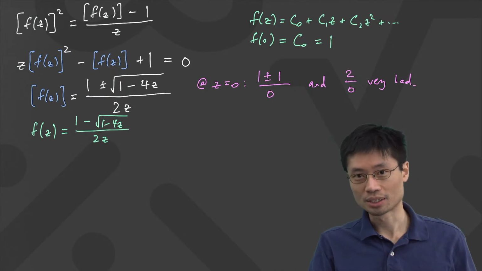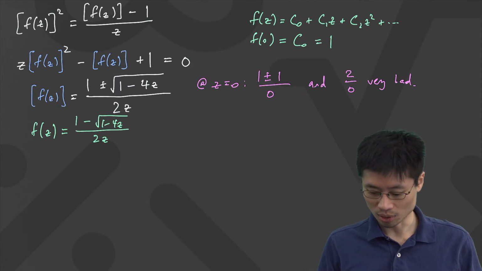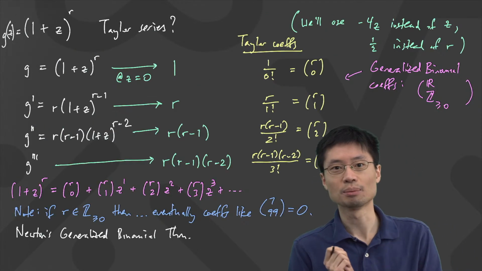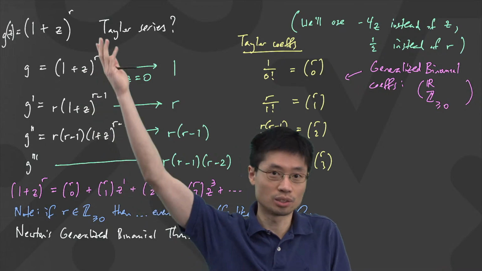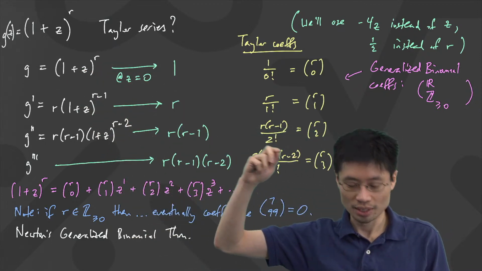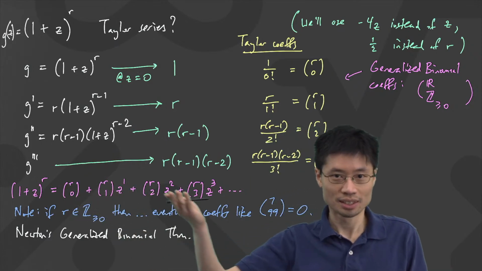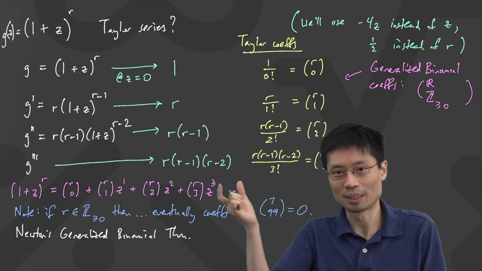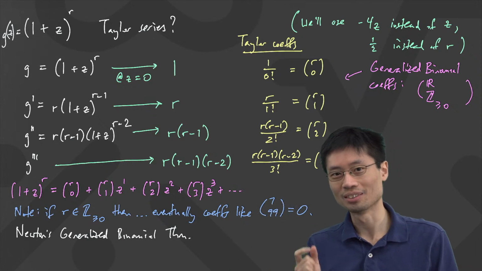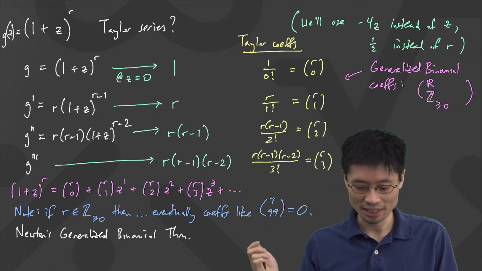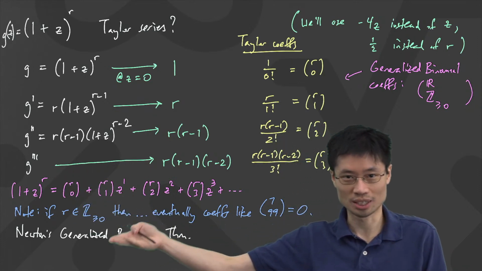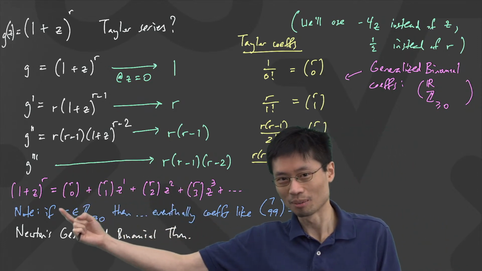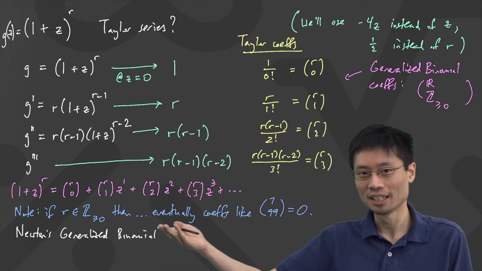Instead, I mentioned at the end that there is something you can do with Newton's generalized binomial theorem, which is that if I have anything of the form 1 plus something to any power, then you can write it as a Taylor series, which may converge in some small window around 0. It happens to look just like the binomial theorem: the exponent choose stuff times the term to various powers, adding forever.